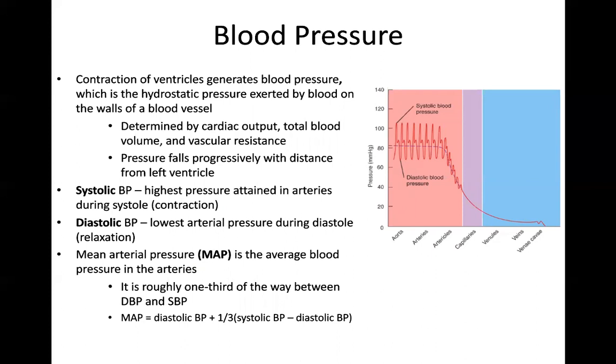So how fast your heart beats and how much blood it's pumping each time affects blood pressure. Total blood volume. Remember, total blood volume refers to how much blood you have, right? What do you think high blood volume is going to do to your blood pressure? Any increase in blood volume means more blood, which means higher blood pressure.